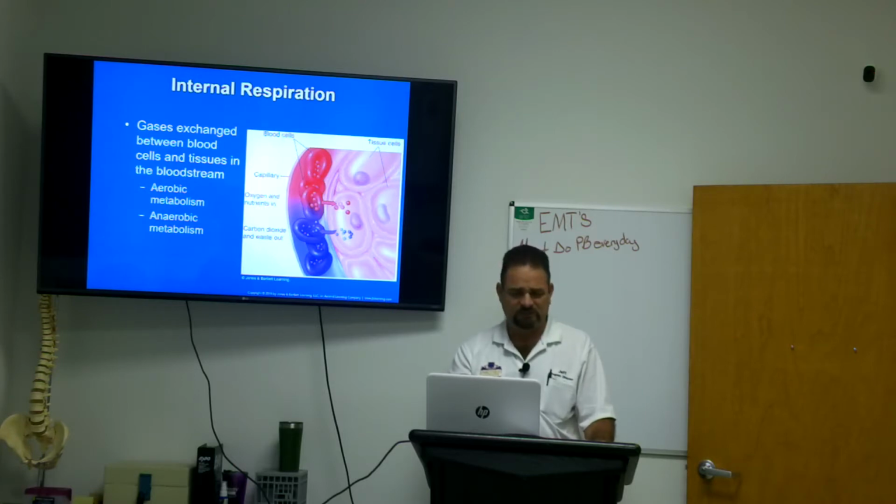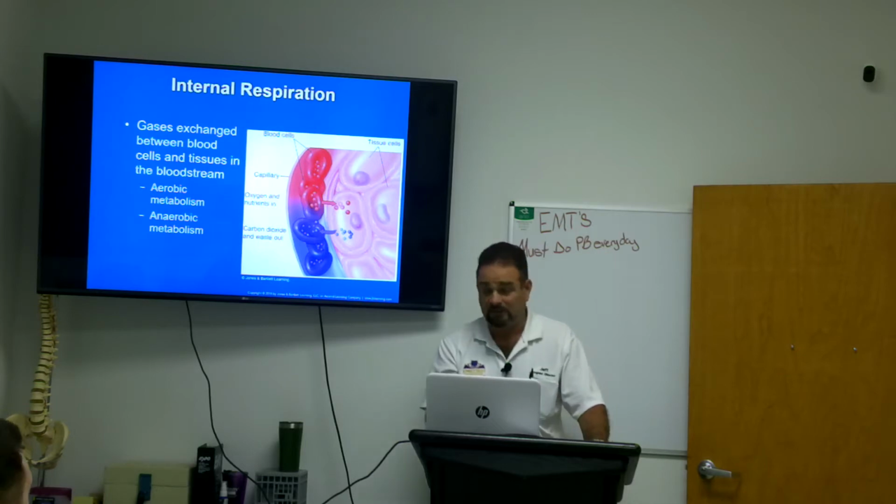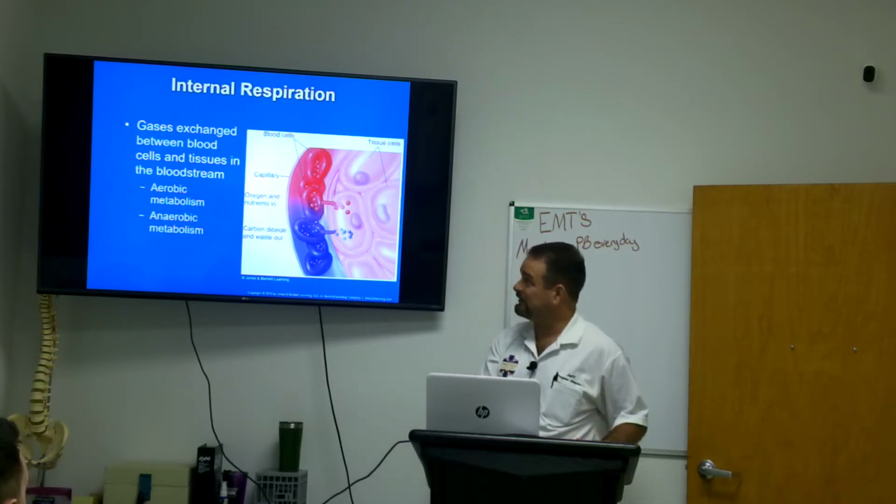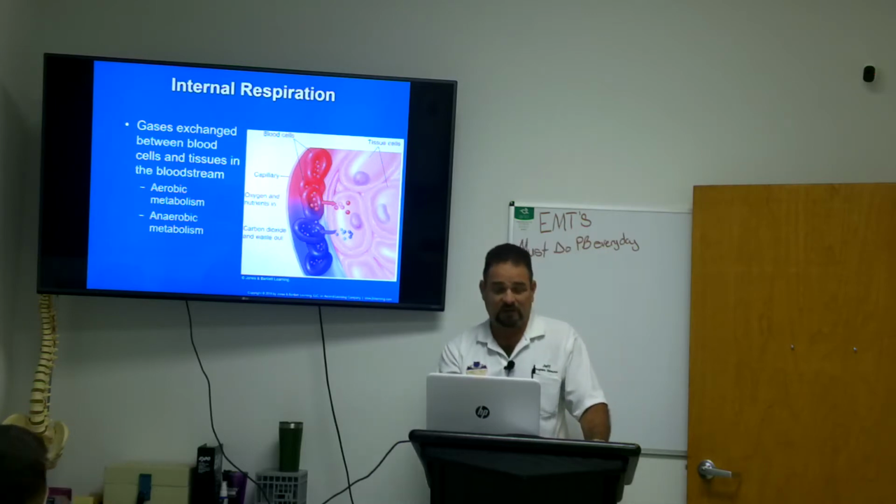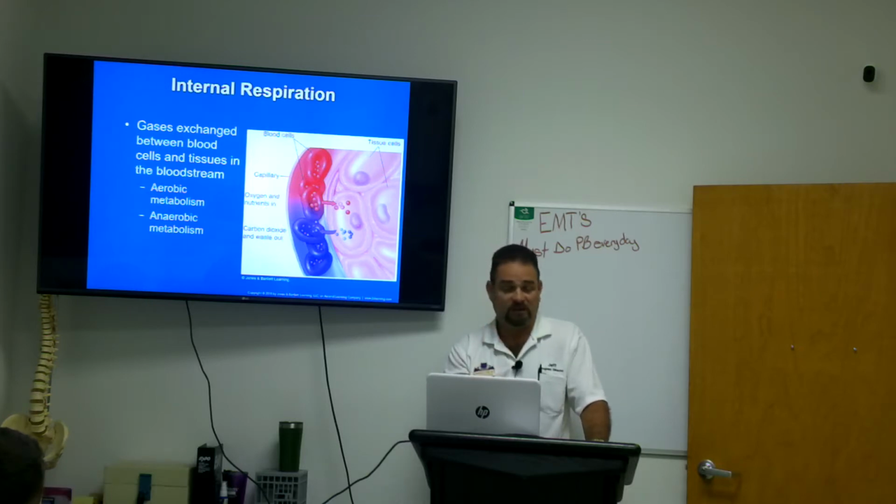As we see here on the cellular side, you have the tissue cells in this diagram on my right, to your right. Then you have your capillary oxygenation and carbon dioxide sides of the cells. You can see that the exchange happens across a semi-permeable membrane, once again from an area of higher concentration to lower concentration.